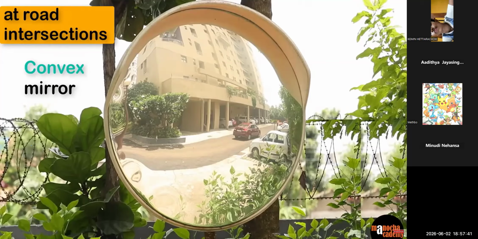Solar. One minute. Solar furnace, I'll show you an image.